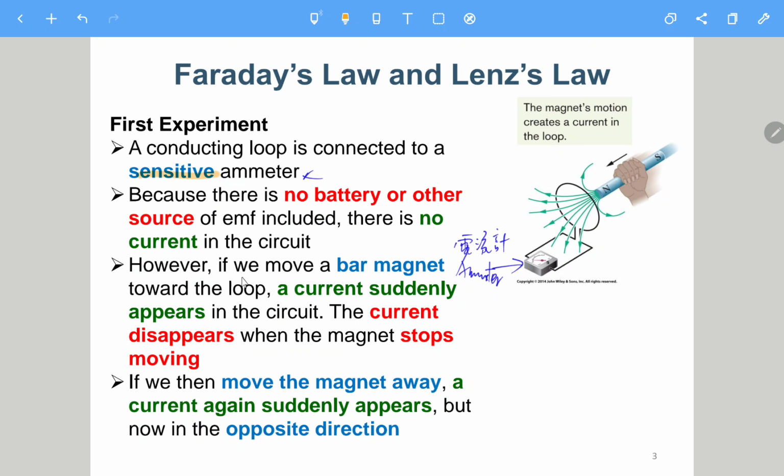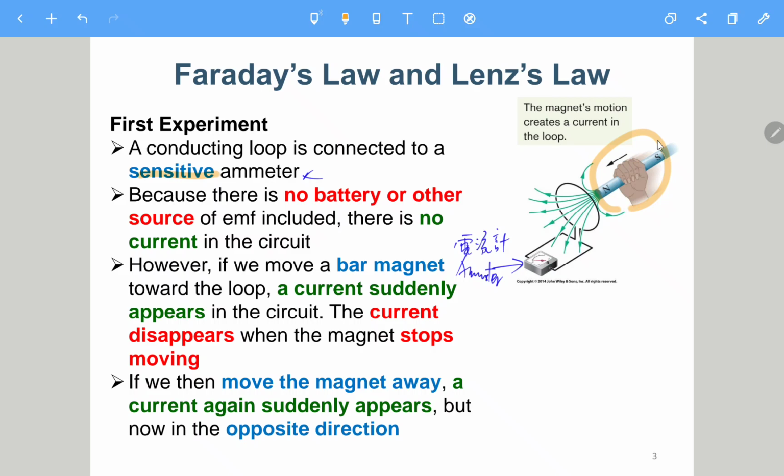However, if we move a bar magnet towards the loop, a current suddenly appears in the circuit. If you put it close, a current suddenly appears, and the current disappears when the magnet stops moving. It doesn't really matter whether the magnet is close enough. It is related to the movement of the magnet bar.